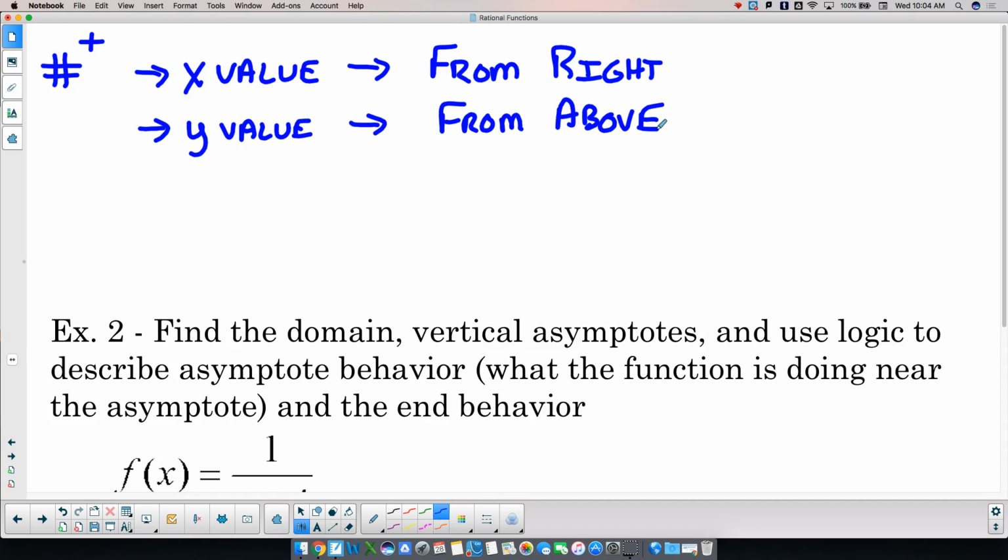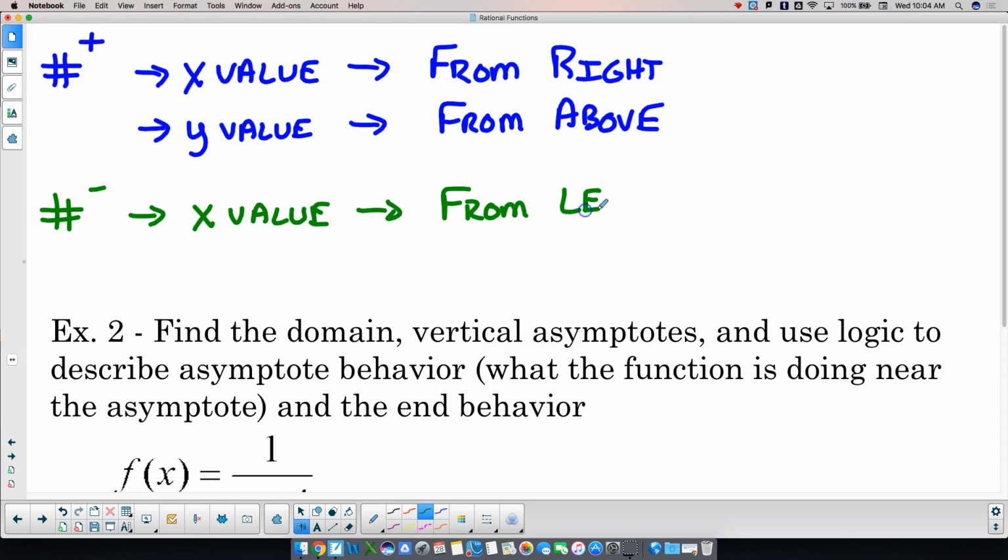Okay? If we switch that symbol, instead of it being plus, to a negative or a subtraction sign, or a minus, if you will, and we're talking about an x value, now we're talking about from the left.